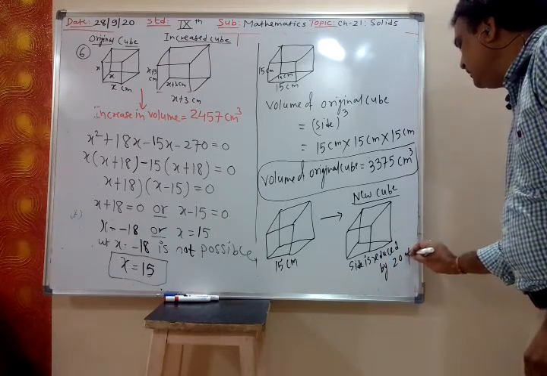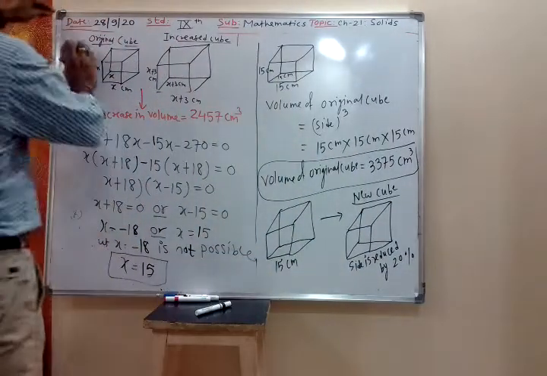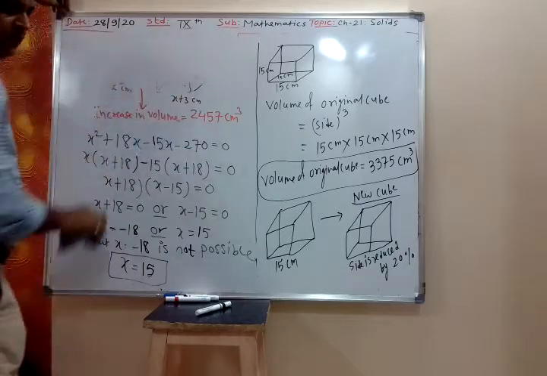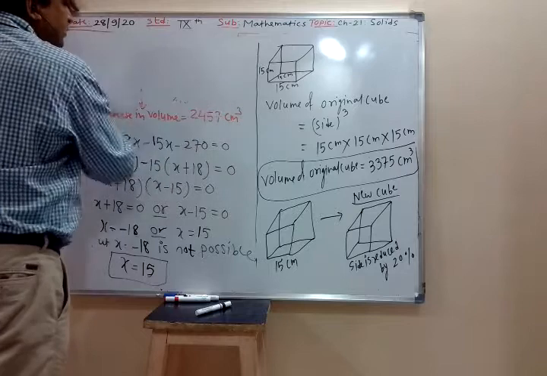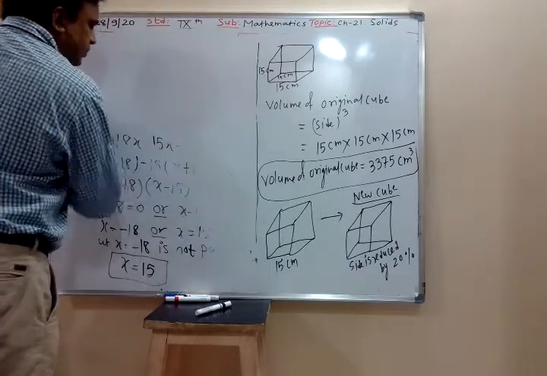So original side is 15 centimeter. Now we reduce the side 15 centimeter by 20% of that, and that will be the side of the new cube.